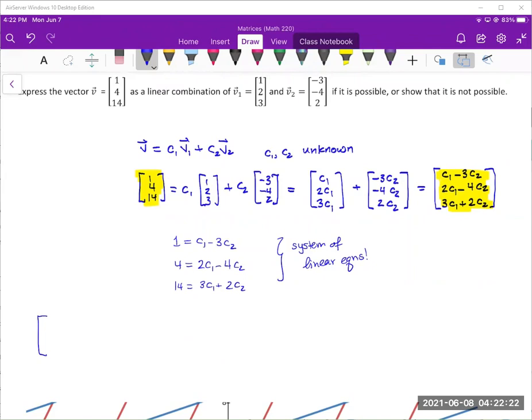So we have 1, -3, 2, -4, 3, 2. Our first equation was 1c1 minus 3c2 is equal to 1. My second equation is 2c1 minus 4c2 equals 4. And my third equation was 3c1 plus 2c2 equals 14.